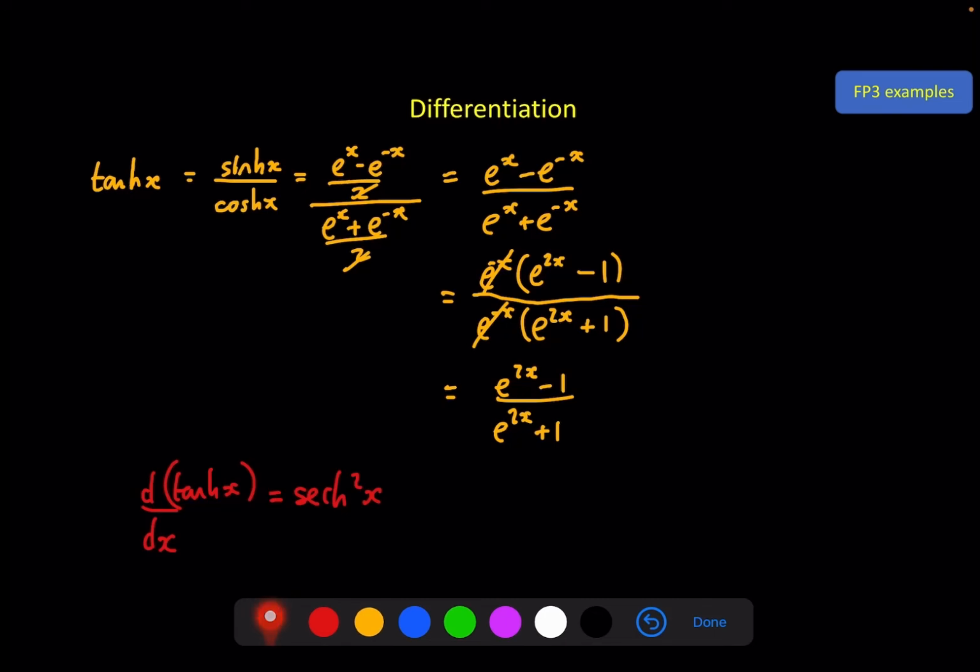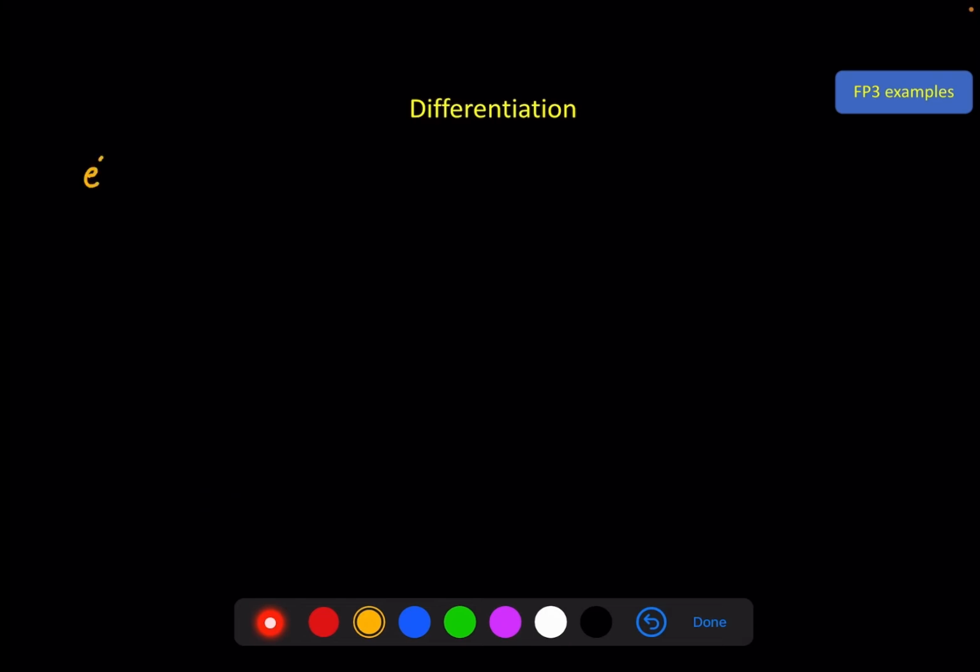So let's go for it. We've got e to the 2x minus 1 over e to the 2x plus 1. And we want to differentiate all of this with respect to x. Now even here we've got 2 options. We can apply the quotient rule, or we could rewrite this as e to the 2x minus 1 times e to the 2x plus 1 to the power minus 1, and then apply the product rule.